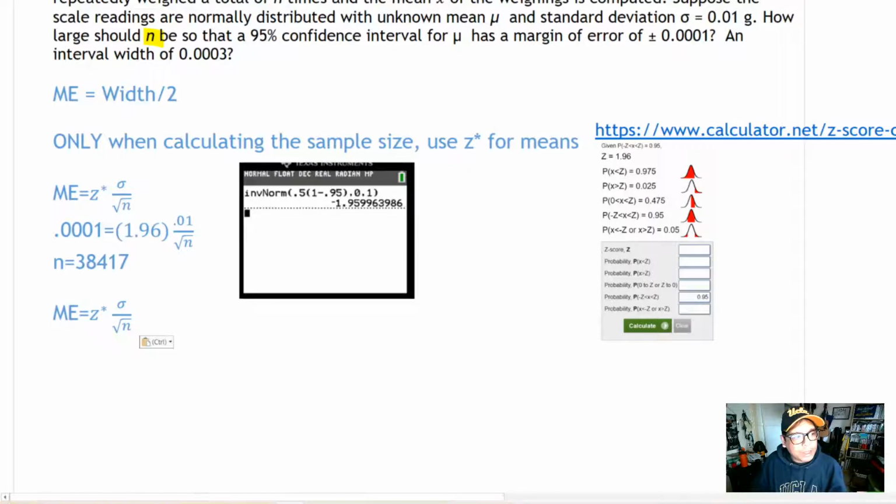For the second part of this question now, the margin of error is half of the interval width. So we're just going to do half of 0.0003, divided by 2. Z star is still 1.96.